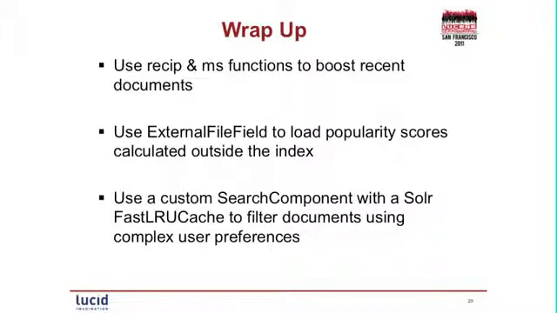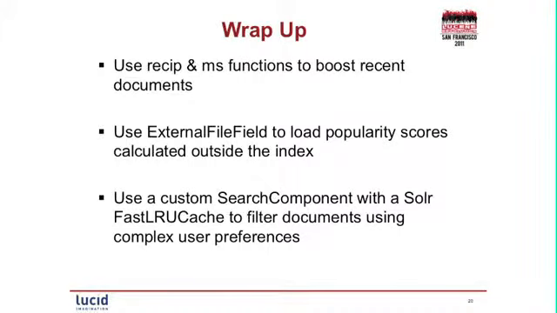So to wrap up, the first thing we learned is that Solr has a lot of power built in with function queries to do boosting. And we saw boosting recent documents using the reciprocal function and the MS. The one thing we learned there that I want to get across is that you typically will want to use something like an Excel or an online Google Doc to play with these functions, to see how they behave, chart them out, and see what makes sense.